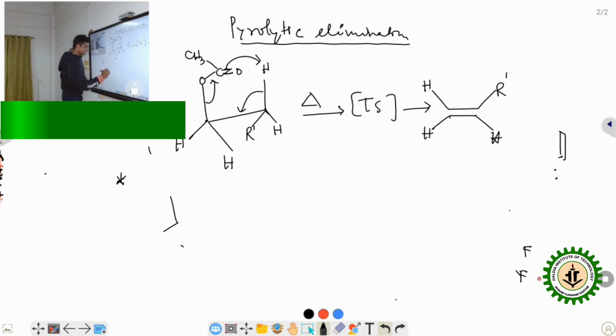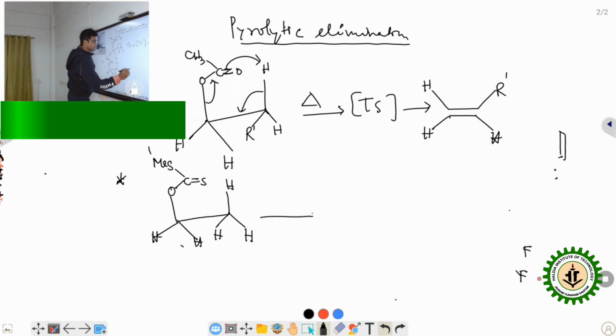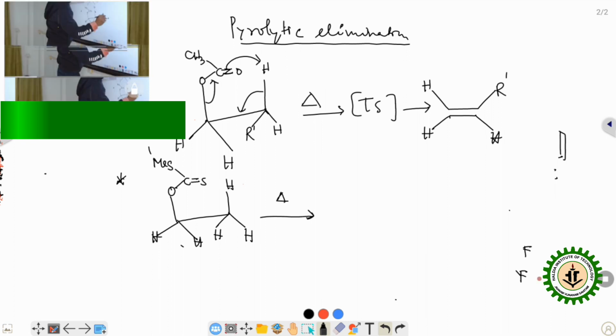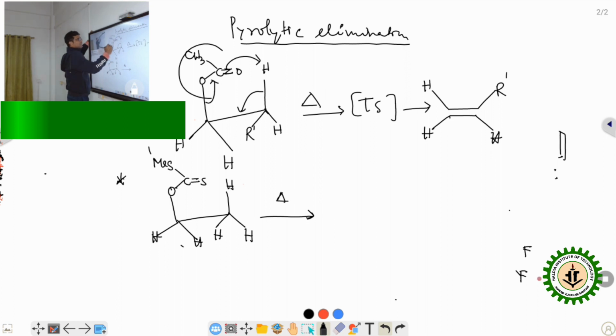The same kind of conformation can be represented, but here, under heating, you see that this group and this hydrogen are in a syn periplanar arrangement.